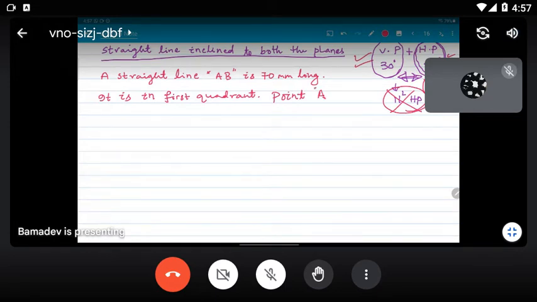Point A is 30 millimeter in front of vertical plane and 40 millimeter above the horizontal plane.